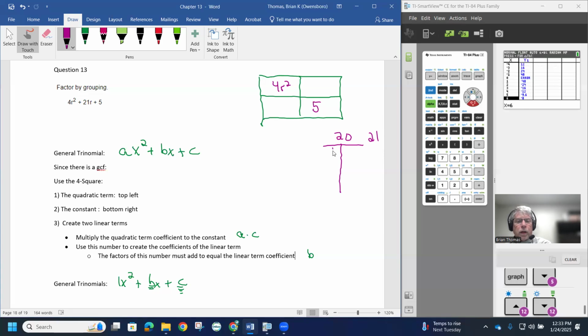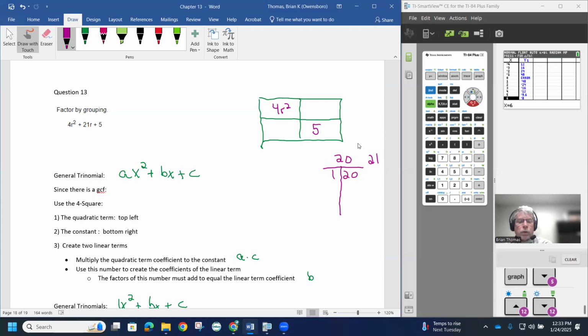Well, notice that right off the bat, 1 times 20 is 20, but 1 plus 20 is 21, so we really don't have to go any further. So we're going to use these 2 numbers as the coefficients of the linear term. So we're going to put a 1r here and a 20r here. So notice how the 21r becomes 2 linear term coefficients.